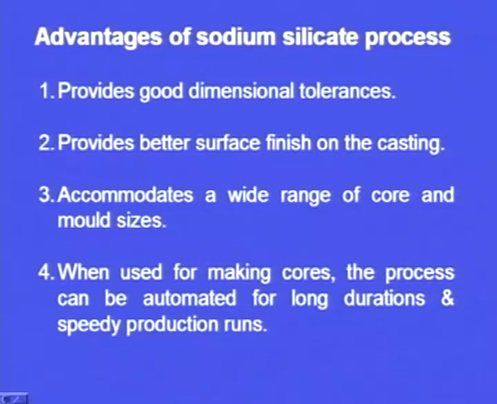What are the advantages of the sodium silicate process? It provides good dimensional tolerances. One of the drawbacks of the conventional sand moulding process is that we do not get dimensional tolerance. If we want a component of a particular size, we take a pattern a little bigger than that, taking certain allowances, and after we get the casting, the size of the casting will be bigger than the size which is required.